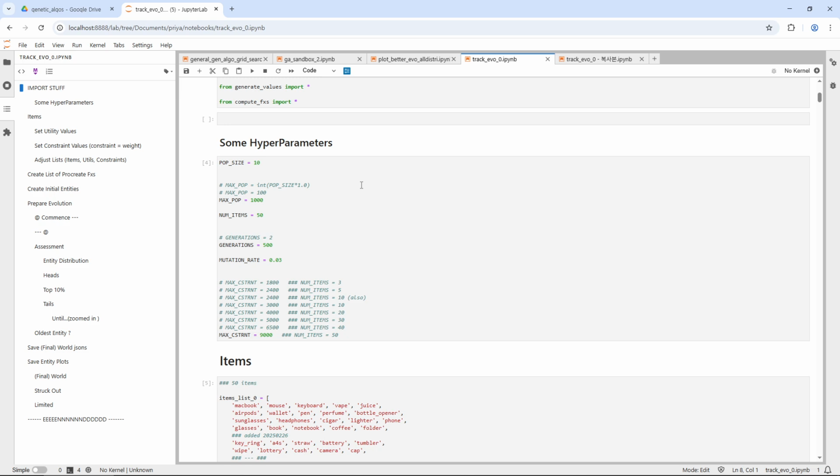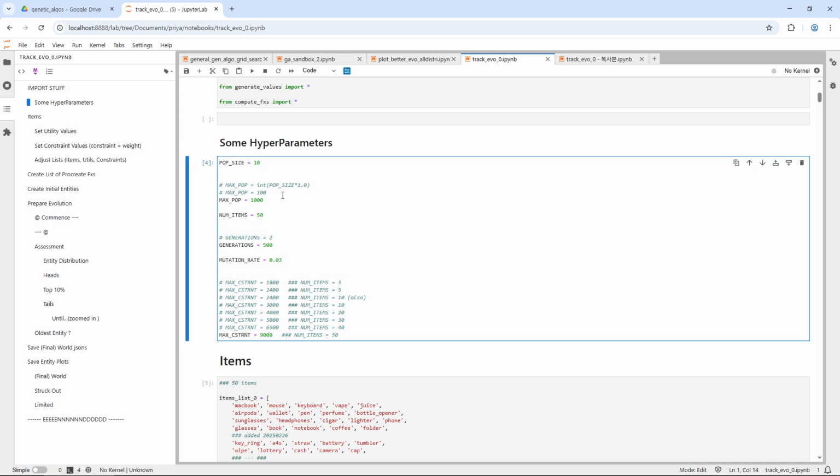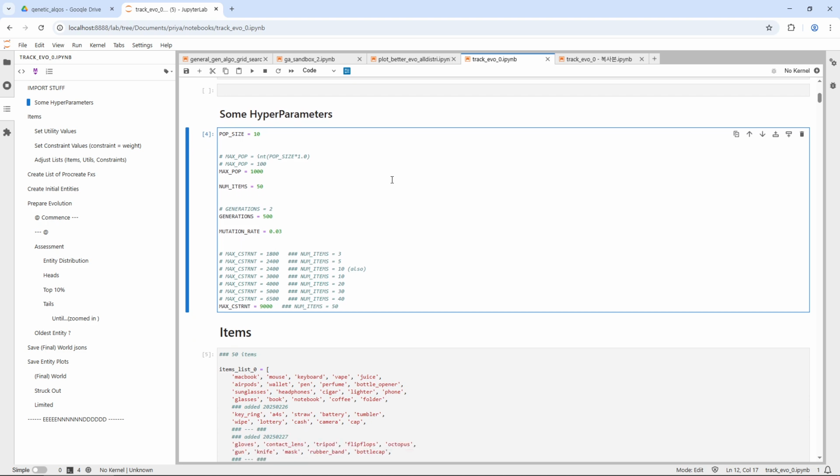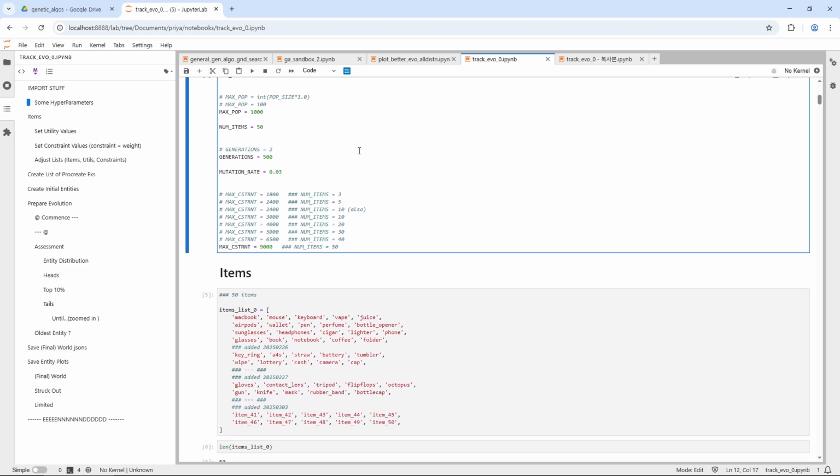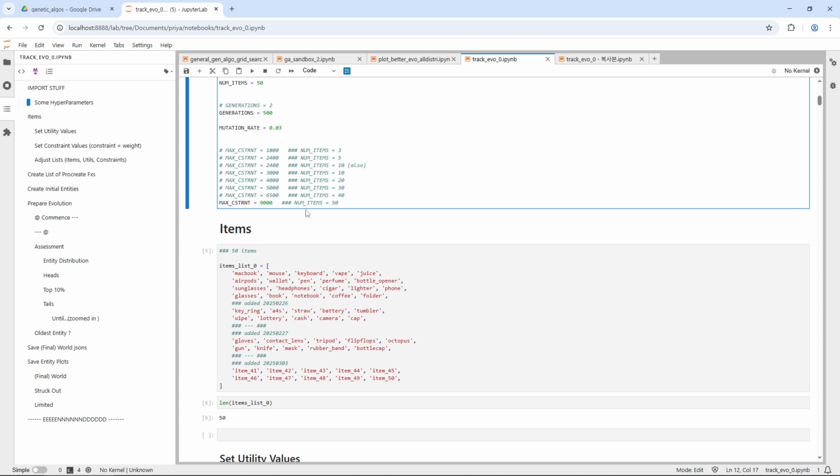Max population is manually set to 1000, number of items is 50, generations run till generation 500, mutation rate is 0.03, and maximum constraint is 9000.